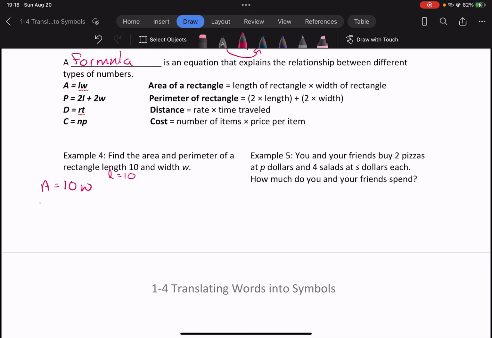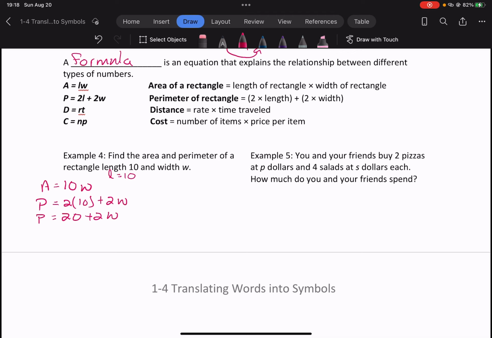Now the perimeter might have an extra step or two. Let's just look at it. So I've got 2 times the length, which we know is 10, plus 2w. But what is 2 times 10? Well, that one we know is 20 plus 2w. And there is the formula for the perimeter.